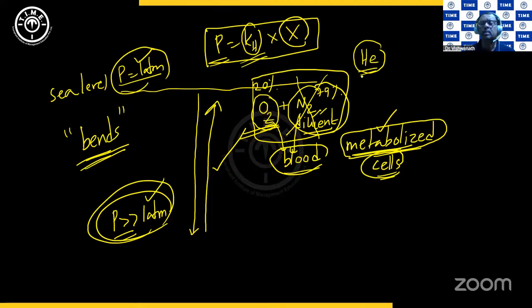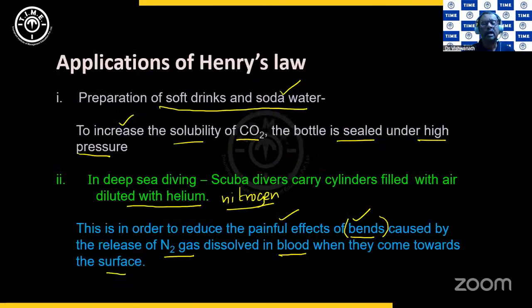Therefore, nitrogen has been replaced by helium, which is what you saw in the previous slide, that it is diluted with helium, not with nitrogen gas, because nitrogen gas causes bends, because nitrogen is more soluble than helium. Nitrogen has lesser KH value than helium, and therefore dissolves more in blood, and therefore causes more pain. So scuba diving now uses helium instead of nitrogen to dilute the oxygen.